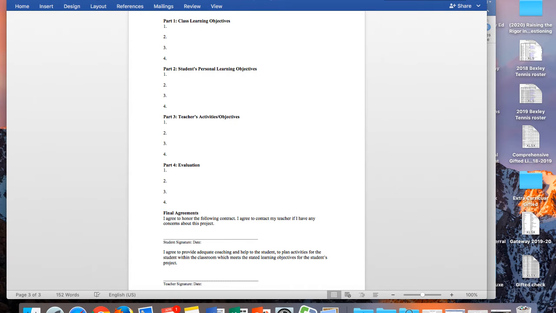And then in part 3, I'm going to say here teacher activities and objectives, and they're going to put in their say-so in that as well. And then they are going to determine how they're going to be evaluated. So what is it that I, as the teacher, am going to be looking at to determine mastery? What is it that you've shown me that I can be convinced that you learned what it is that you said you were going to learn? And then it has a place for the student signature and the teacher signature as well.